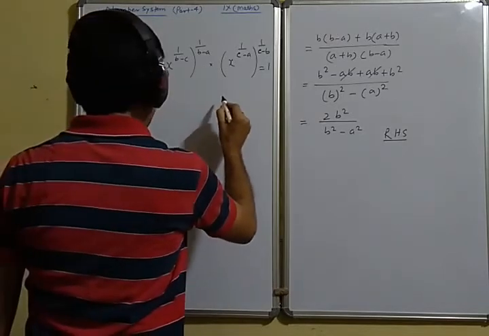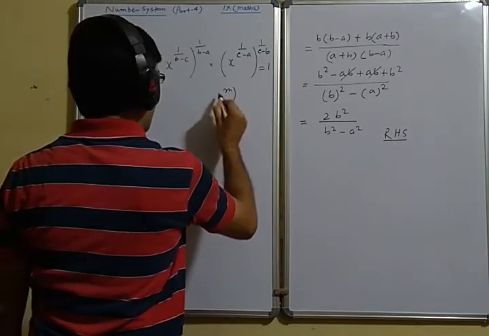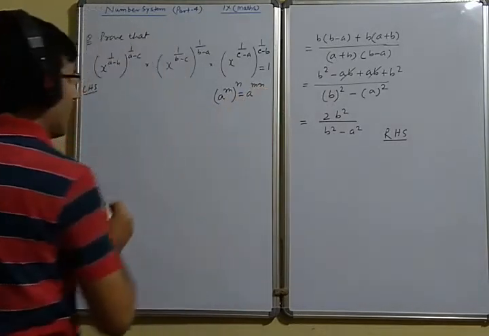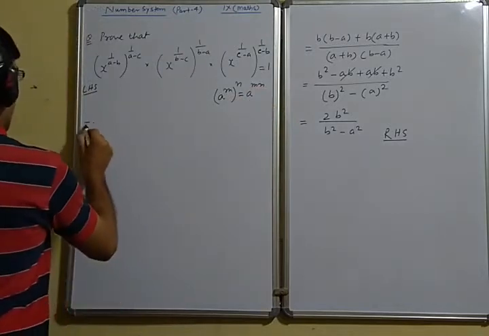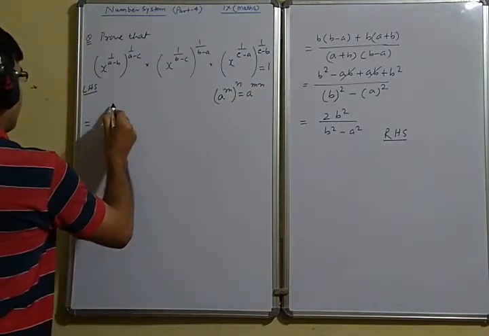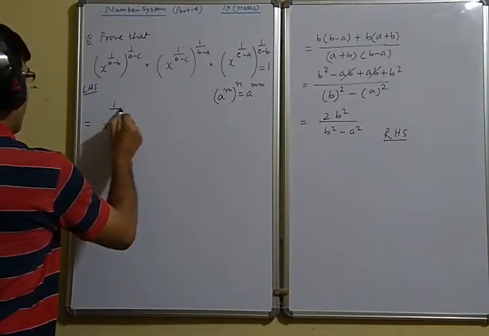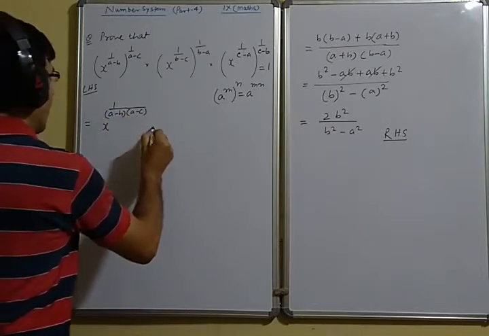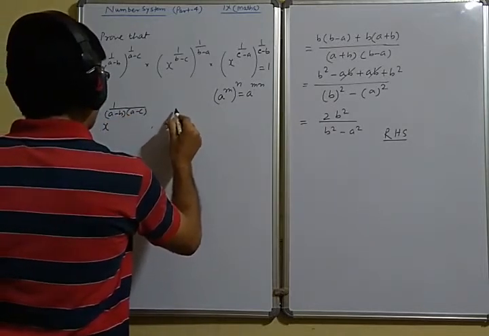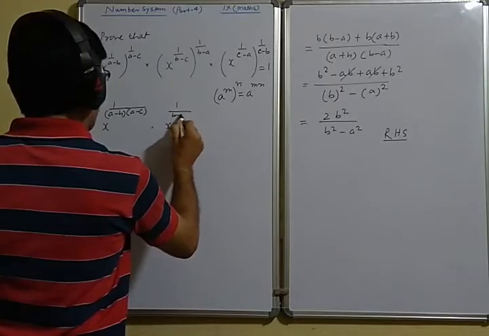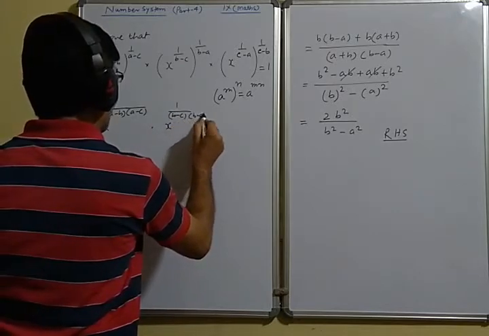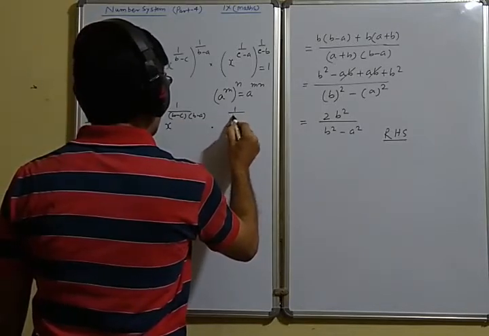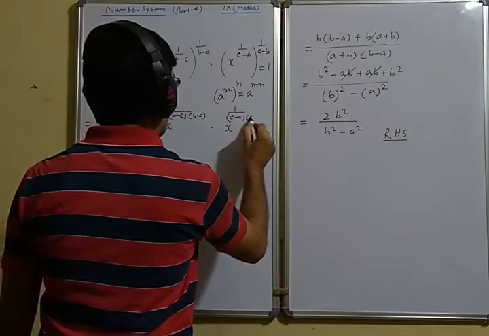By using this property, it becomes x raised to power 1 upon a minus b into a minus c, into x raised to power 1 upon b minus c into b minus a, into x raised to power 1 upon c minus a into c minus b.